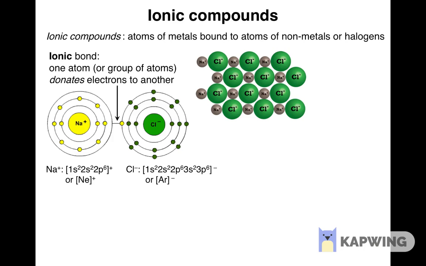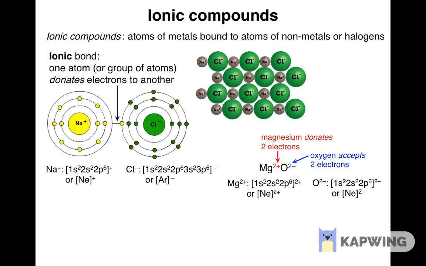Another example of an ionic crystal is magnesium oxide that consists of magnesium cations and oxygen anions at a 1:1 ratio. Magnesium is an alkaline earth metal, and its atoms have 2 valence electrons, the electrons in the 3s subshell.